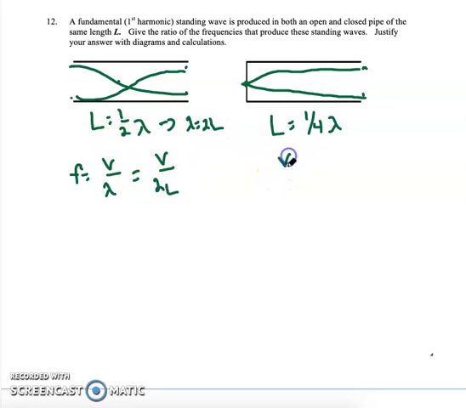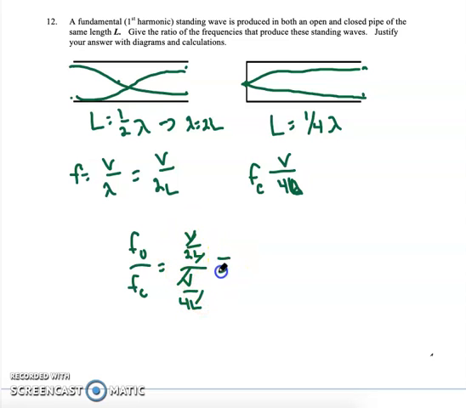By the same reasoning, the frequency of the closed pipe is V, same velocity because they're the same medium, over 4L. Because if I solve for lambda here, I get 4L. Whoops. So now I want to do the ratio. So F open to F closed is going to be V over 2L over V over 4L. V's cancel, L's cancel. 1/2 divided by a quarter is 2. So the ratio is 2 to 1 for open to closed.